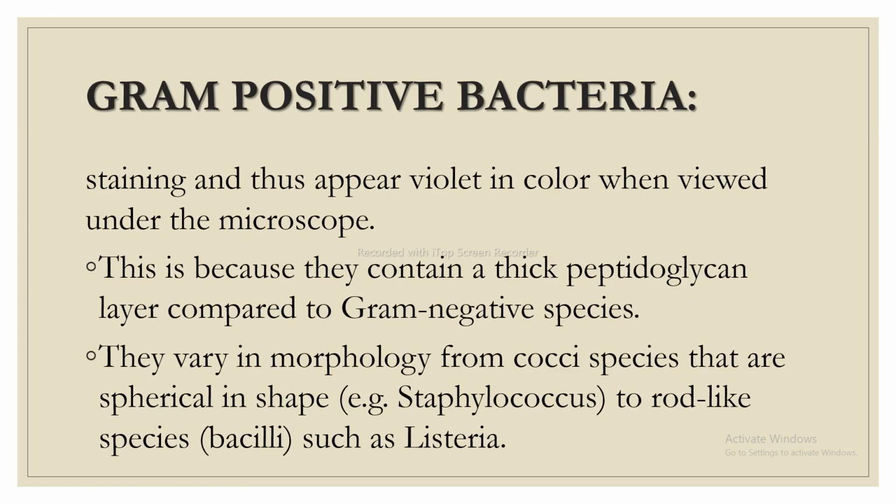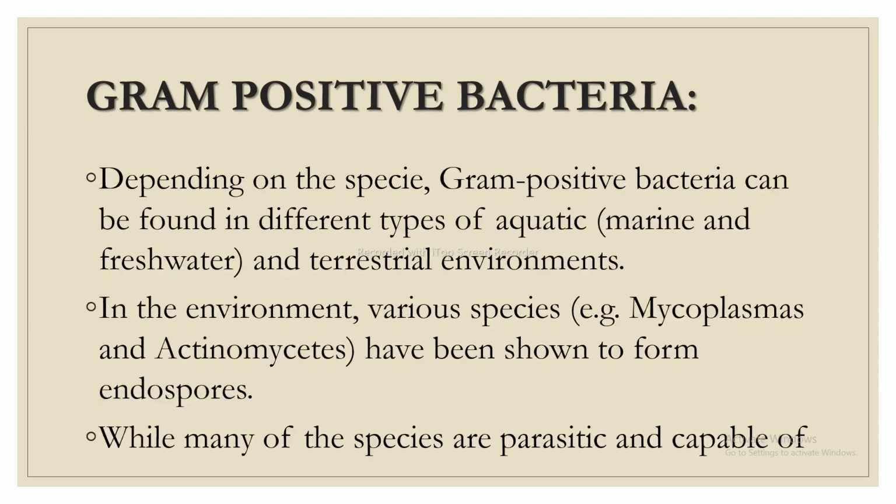This is because they contain a thick peptidoglycan layer compared to gram-negative species, and they vary in morphology from cocci species that are spherical in shape, for example, Staphylococcus, to rod-like species like bacilli such as Listeria. Depending on the species, gram-positive bacteria can be found in different types of aquatic, marine, and freshwater and terrestrial environments.